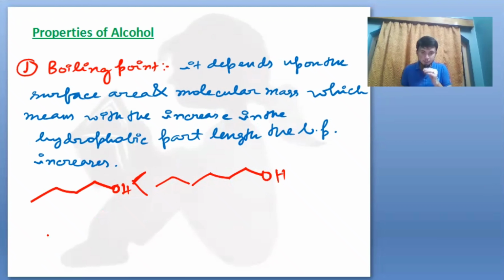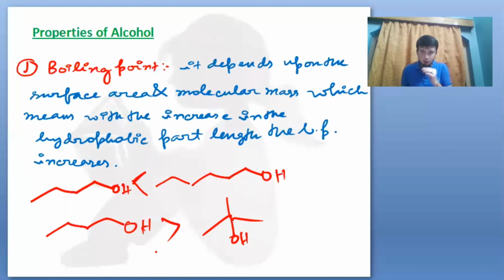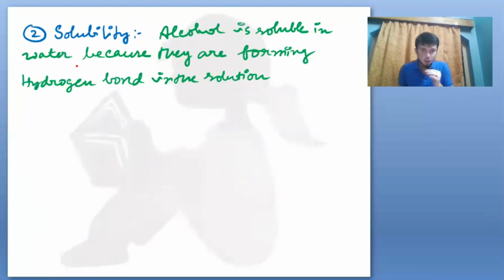But there is also another factor, that is our surface area. So that means this simple chain will have more boiling point than this branched alcohol. Okay. So that's how we decide the boiling point of alcohols. So let's see the next property, that is our solubility.